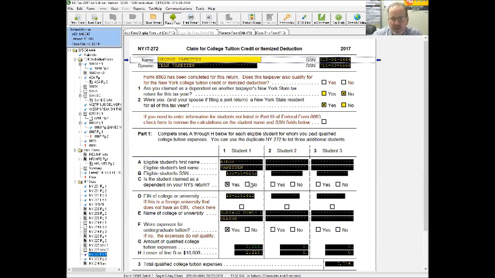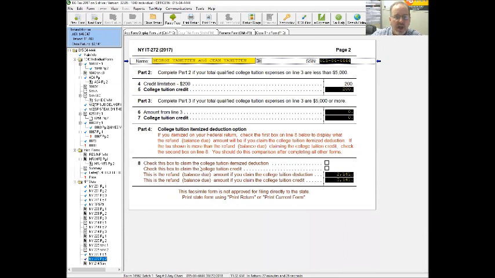So I'm going to complete this, saying that she was a student on my return. She is an undergraduate, and I'm going to put the tuition in there. All right? A little New York State consideration on this one. On page 2 of this form, you can take this college tuition as either an itemized deduction or the college tuition credit.